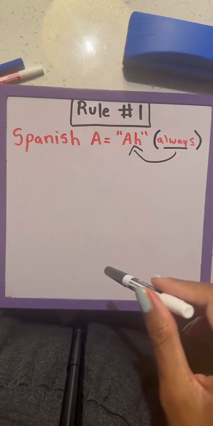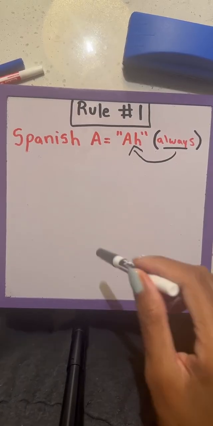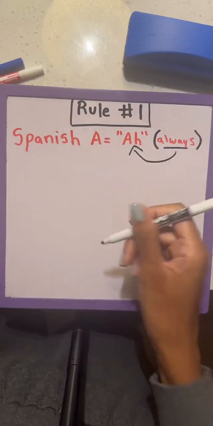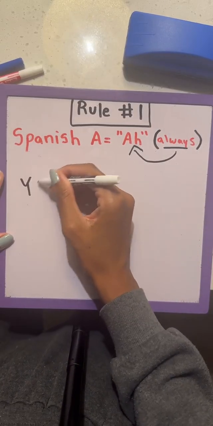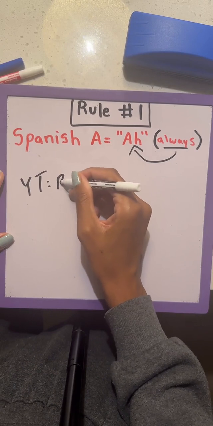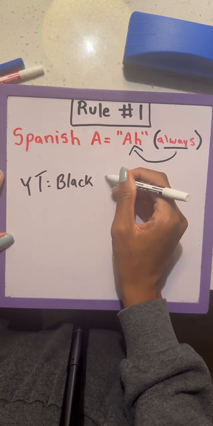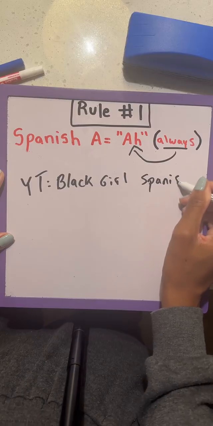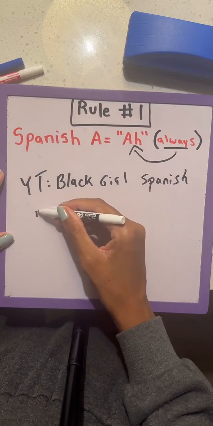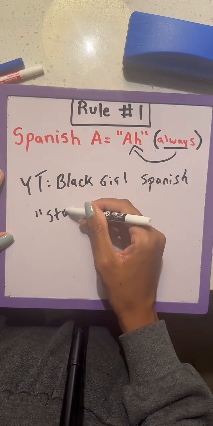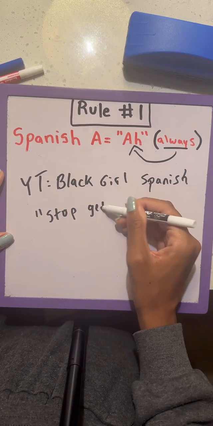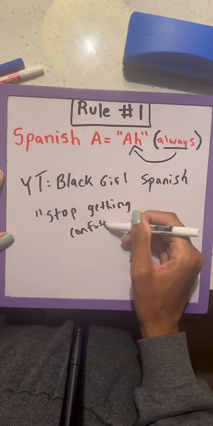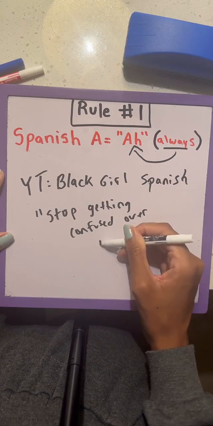Yes, Haley. So yeah, I want you to go to my YouTube channel. I did a long form video on my YouTube. My YouTube channel is called Black Girl Spanish, the same name I have on here. So if you go on my YouTube page, I put all of the replays up there from TikTok, and I have a video called, I think, Stop Getting Confused Over gustar.